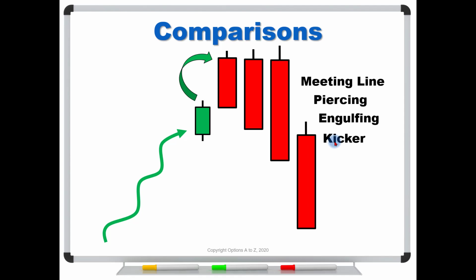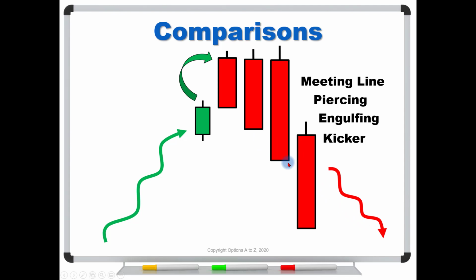And a kicker pattern is probably one of the strongest reversal patterns in all of candlestick charting. And we could get stronger degrees of a kicker if this opening trade had actually sat lower. That would just be an even stronger kicker pattern. So these are the four basic patterns you need to understand, and whichever one crops up, they are all signs that we are probably going to see a reversal.